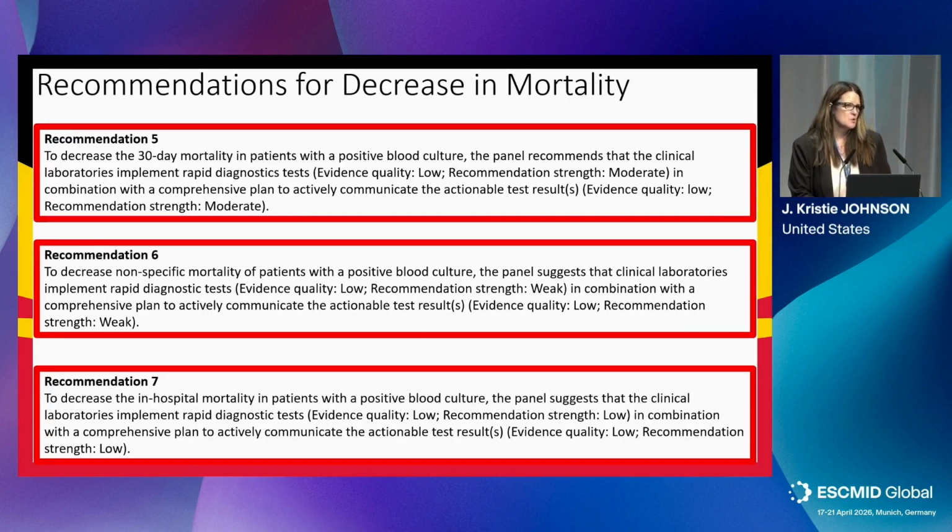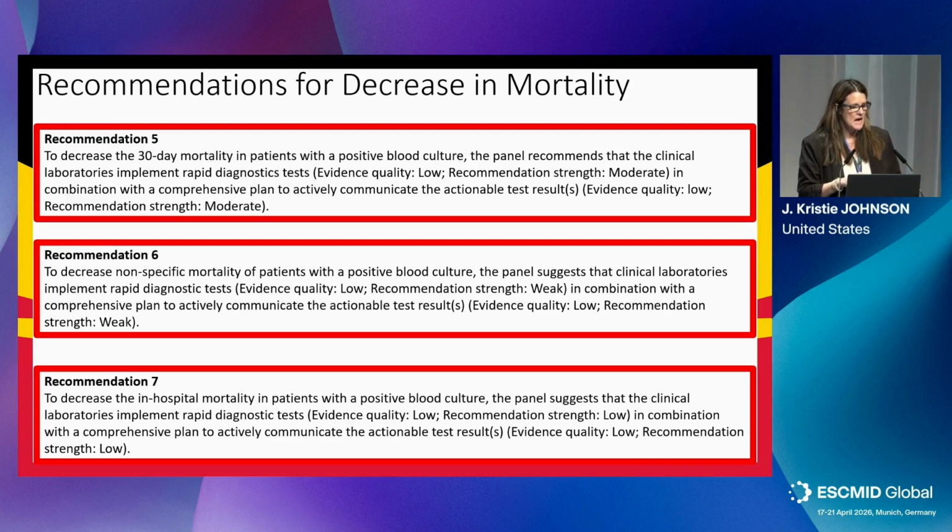And then we looked at mortality. So could we use rapid diagnostic tests and see a decrease in mortality? So we looked at papers, there are many papers looking at this, but their definitions of mortality were all a little bit different. So we had to take the definitions from the paper and kind of break them down. And so we made 4 recommendations. 1 was decrease in the 30-day mortality.